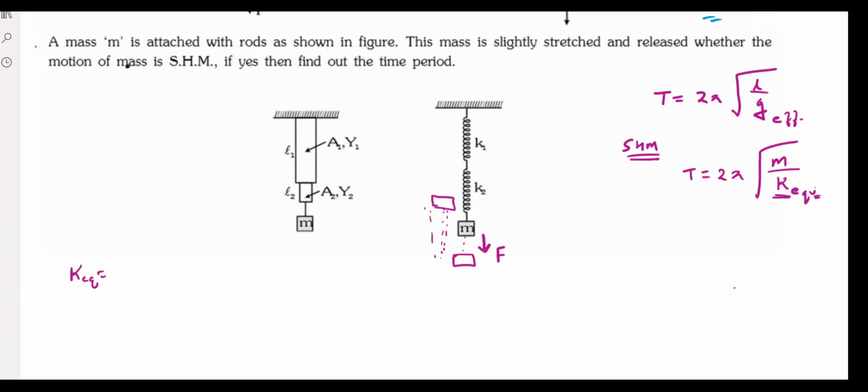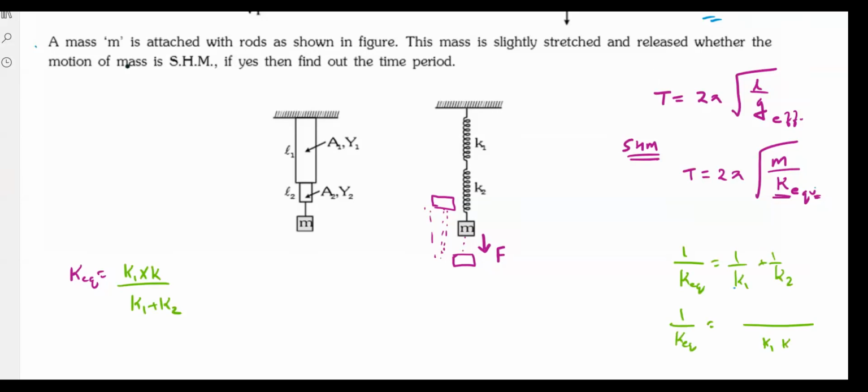Ankit forgot, it is in series now, so it is the opposite. For series it is like parallel, and for parallel it is like series. So it is 1 by K equivalent is equal to 1 by K1 plus 1 by K2. So what is K equivalent?